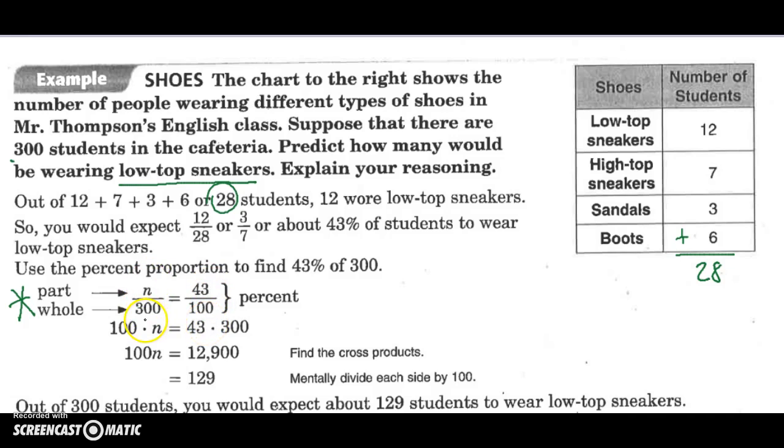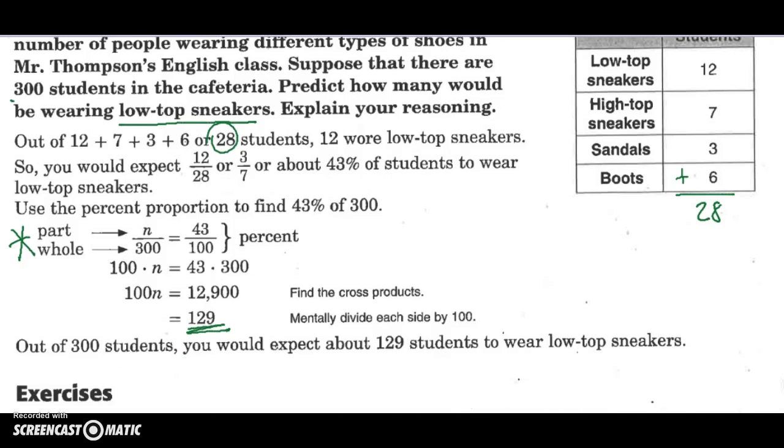So part out of whole. When we cross multiply, we find out that about 129, it says here to mentally divide. You'll have your calculator. But you could do mental math because it was 12,900 divided by 100. The zeros would cancel. So about 129 is our prediction of how many kids would be wearing low-top sneakers.